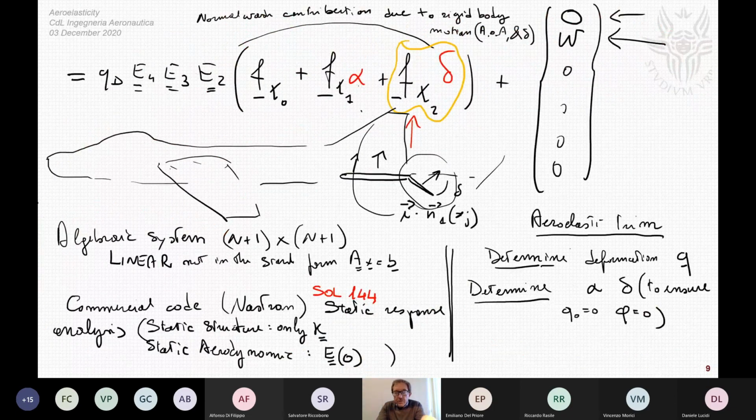Okay, you should do this, and around this solution you could find a linearized version of your model, and so reduce the study of the stability in the neighborhood of this solution by evaluating your gradient matrix A, and then study the eigenvalues of your final gradient matrix A as solution of your problem. And this is a statically nonlinear and dynamically linear model for your aircraft plus flow condition.